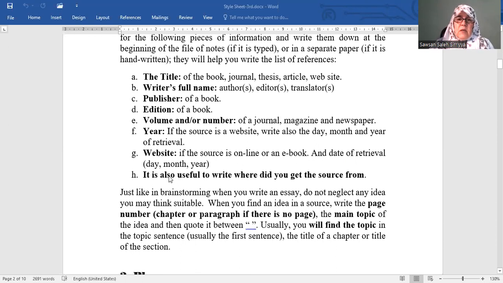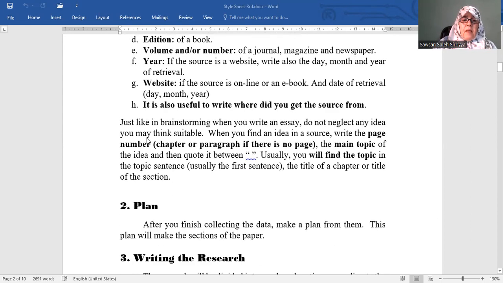If you got it from the library of your college, write the College of Education library. If you got it from your colleague, write the name of your colleague. This is for future reference. And if you are a third-year student, and then you go to the fourth year, when you need to write about the same topic, it will be easier for you to check the sources again.